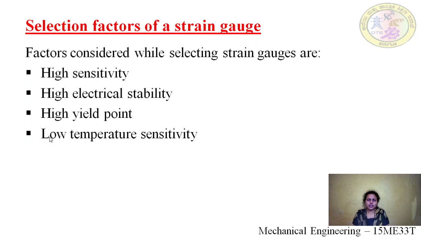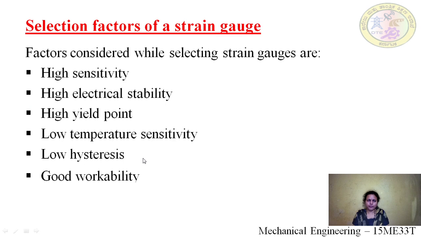The next is it should have low temperature sensitivity, because temperature also matters. If the temperature changes, the resistivity also changes. Next, low hysteresis. Factors like friction, loose screw, and backlash should not be there, otherwise the output will be improper.